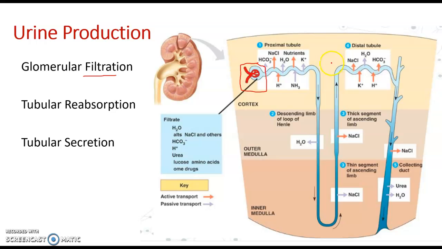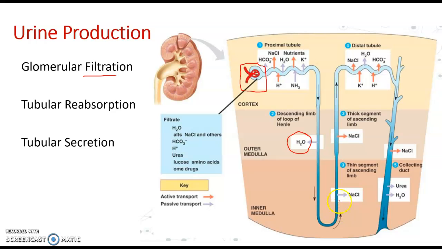And the cells that make up those 2 portions of the loop are very different. So the descending limb is going to be chock full of aquaporins, which hopefully we remember are those protein carriers that are embedded in the plasma membrane that allow water to move, so allow for the process of osmosis to happen.